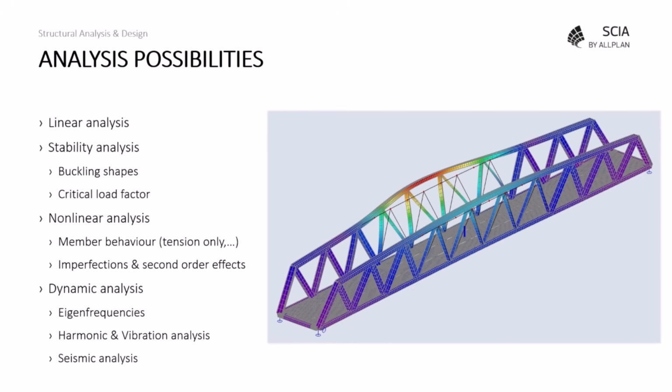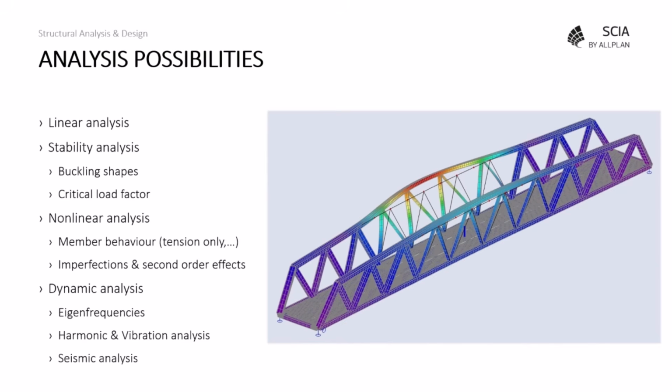In case that you have non-linearities in your model, such as members that only work on tension or supports that work differently under tension and compression, you need to create nonlinear combinations and perform a nonlinear analysis. It's also possible, and sometimes mandatory, to perform a more accurate analysis and calculate with second-order effects and imperfections.